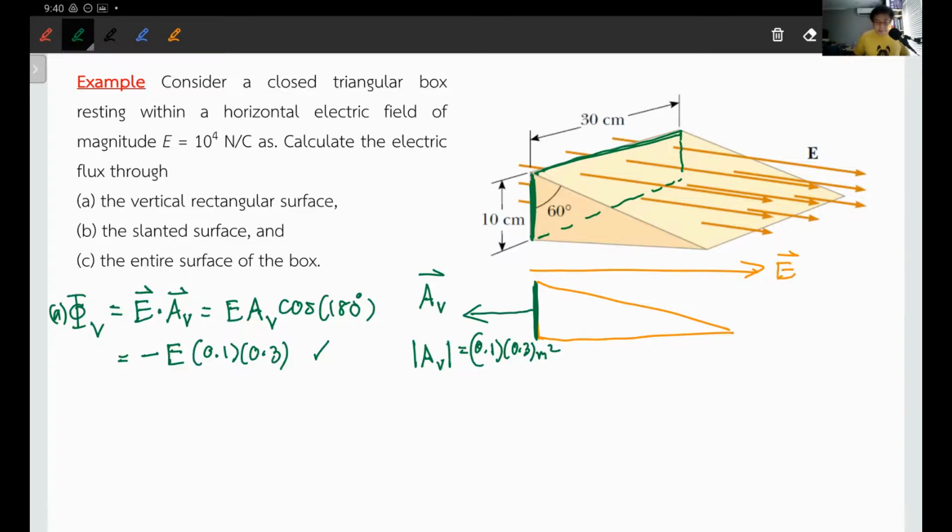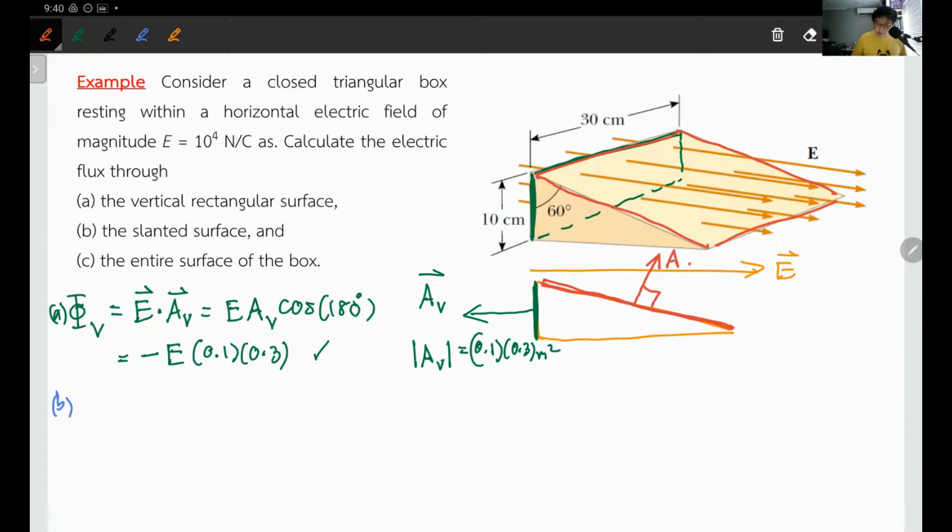Now, part B. Now they want the flux through the slanted surface. Let me highlight it in red. That surface right there. If you look at it edge-on from the side view, that is your surface here, in red. With me, guys? Okay, very good. If I want to draw an area vector, that will be it.